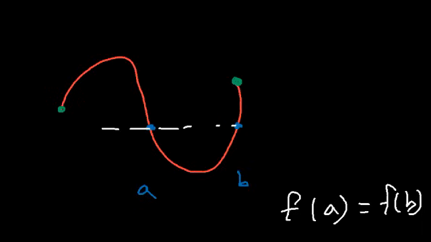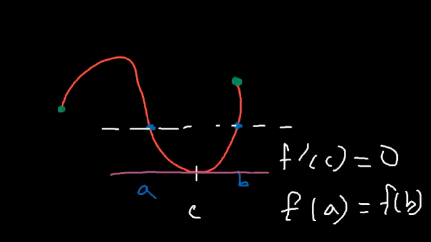We can see these two have the same y value. Then somewhere in between those two points, there's some number c where the slope of the tangent line is horizontal. It's equal to 0. So thus f prime of c is 0 at this local minimum value. So that's the main idea behind Rolle's theorem.